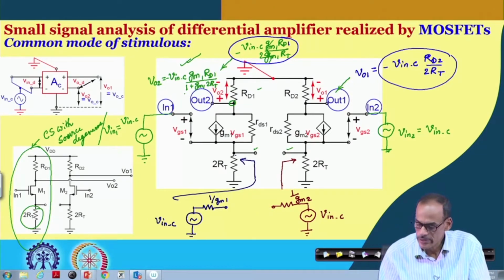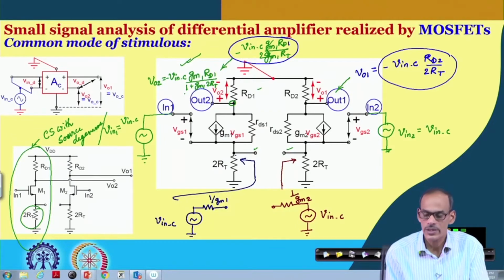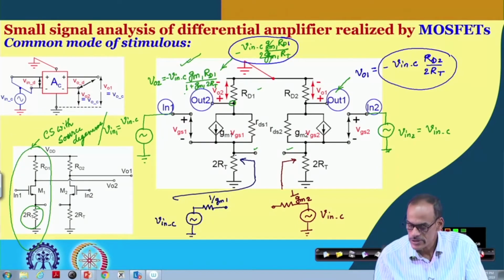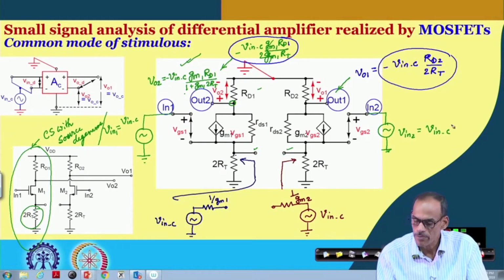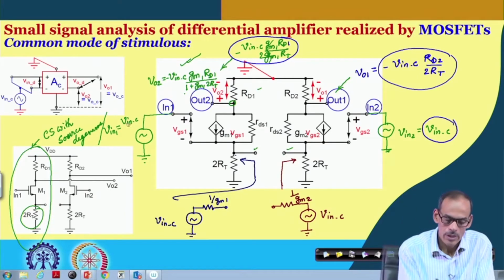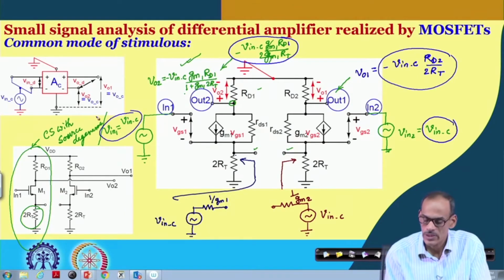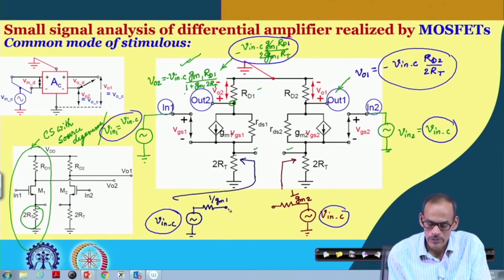And note that unlike the differential case, since the applied signals at the two inputs are in phase, this signal and this signal are in phase. Now, even if we make this connection, since these two signals are identical, there will not be any change.